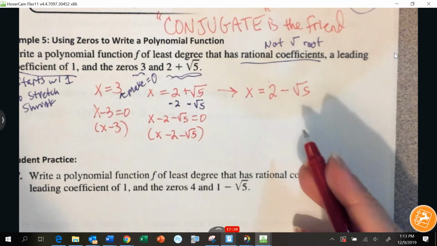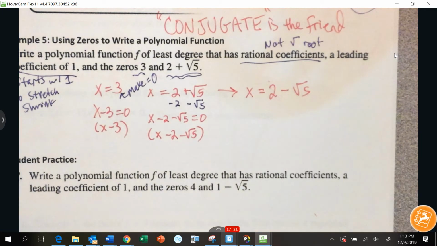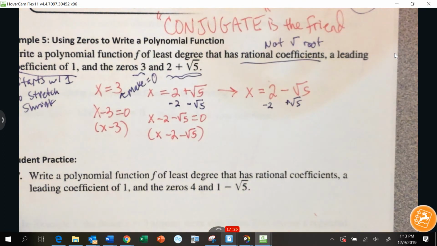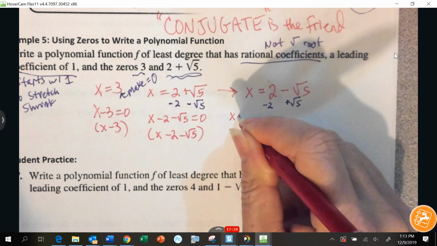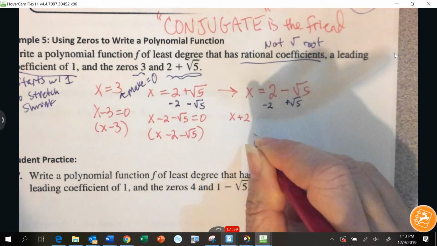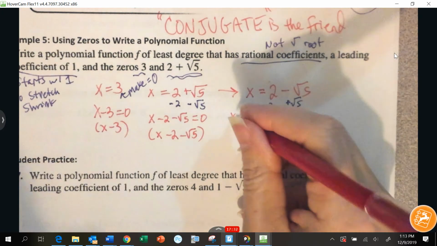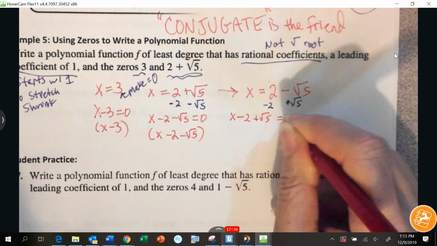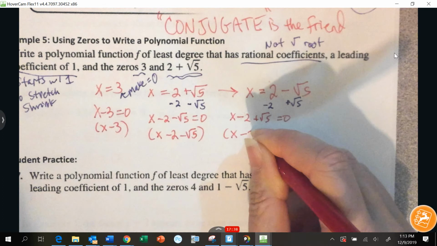And then the third one, we're going to subtract 2, but then we're going to add radical 5, so x minus 2 plus radical 5 equals 0. So our factor is x minus 2 plus radical 5.